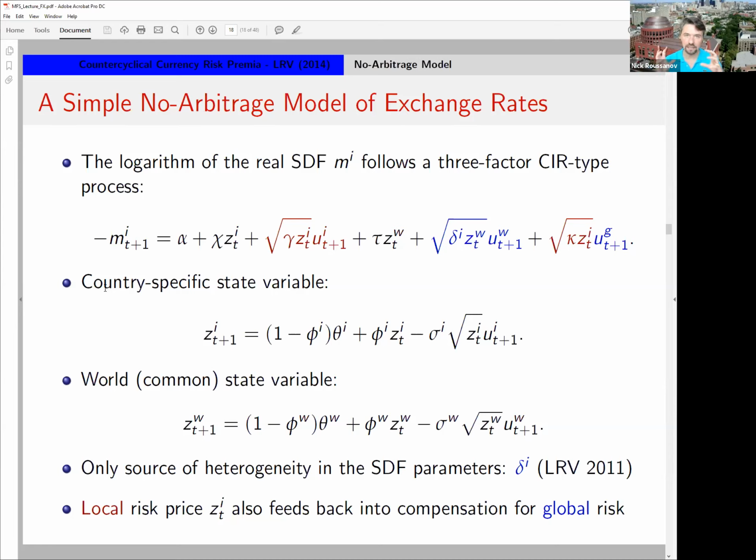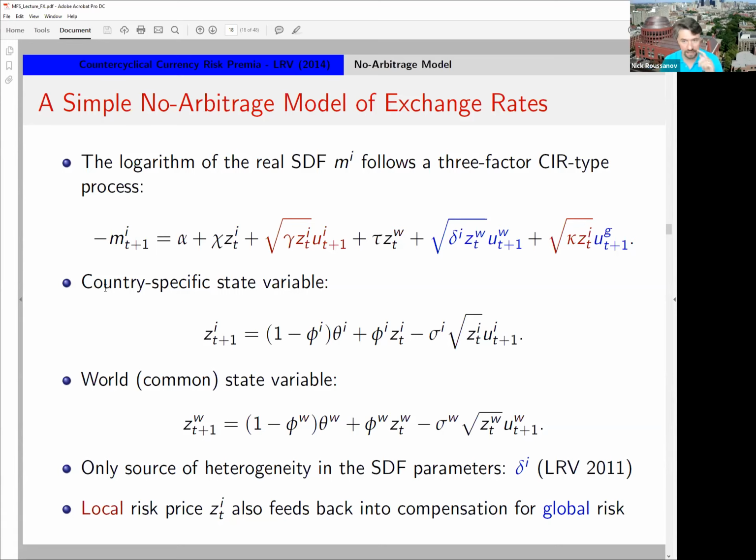But for us, this is a convenient device for summarizing what conditions a micro-founded macroeconomic model of stochastic discount factors, or in fact, maybe not just macroeconomic, but a macroeconomic and microstructure and intermediation influenced model of stochastic discount factors, would have to possess in order to satisfy the empirical evidence that we have been talking about.